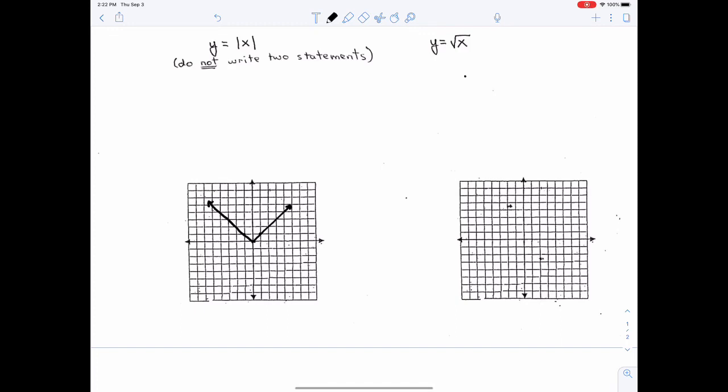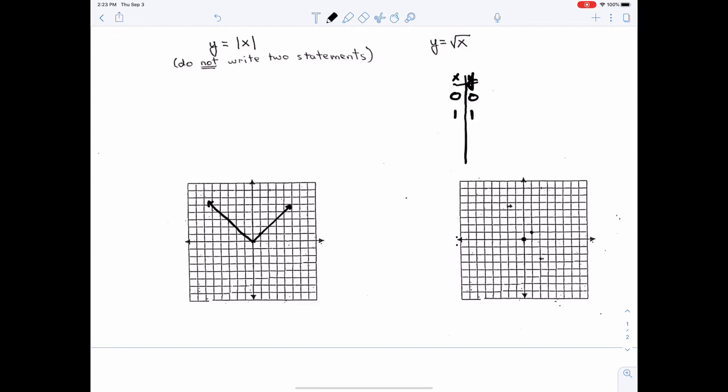Now the only one I haven't shown you yet how to do, so we'll make the XY table here, is a square root equation. First of all, you can't plug in any negatives. You can't take the square root of a negative. So the first value you can take the square root of is 0. So the square root of 0 is 0. The square root of 1 is 1.